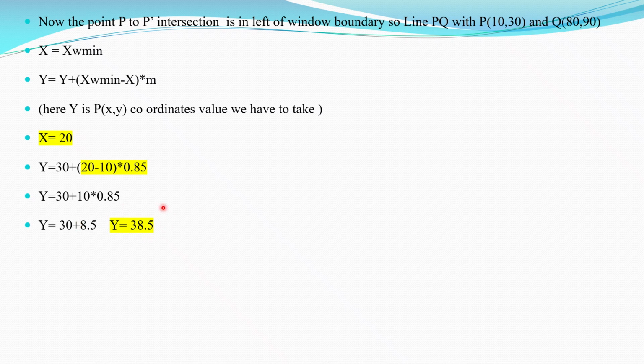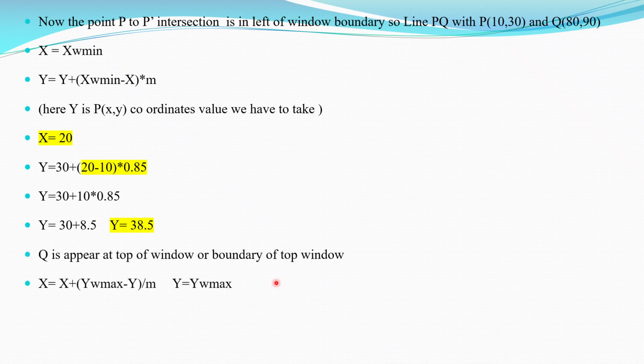Okay. Like this, this is for the P to P dash intersection, and Q also has the region code of 1000, on top, right? So for that we have to calculate the X and Y values. Here 80 and 90 is the Q coordinate.